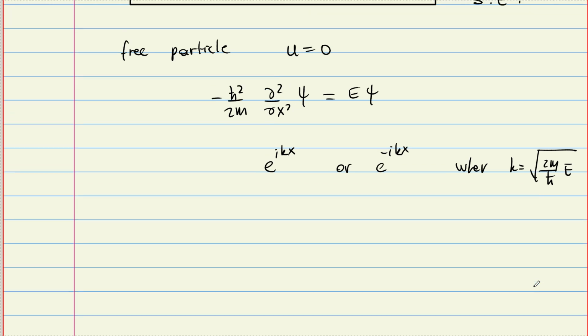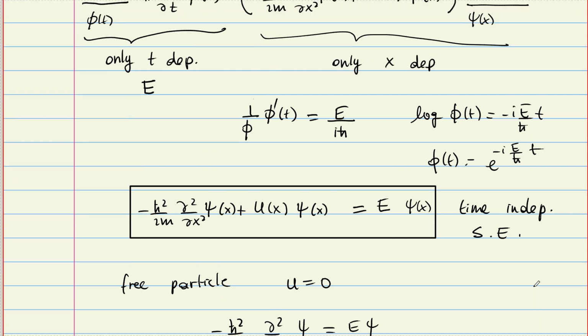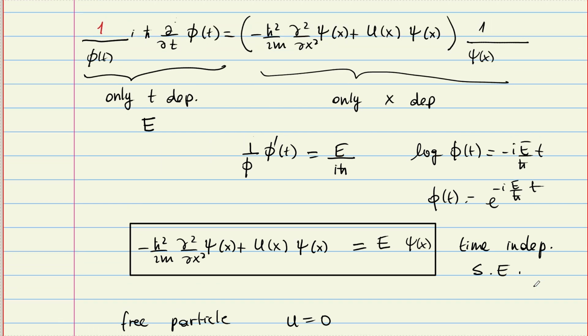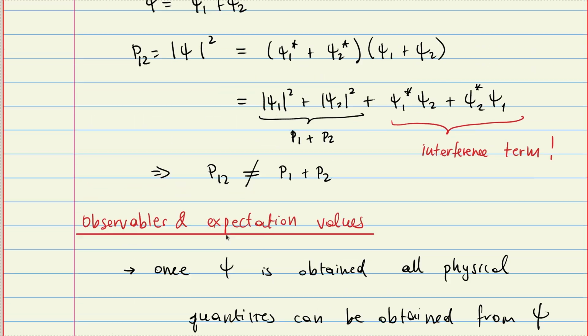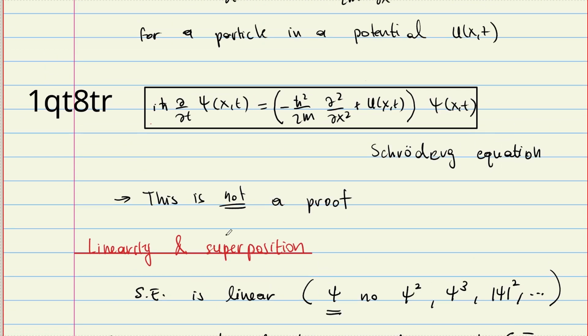Can you go up a bit? Yes. You said this equation was time dependent, right? This one in the box is time independent, and the previous Schrödinger equation, which we started with, is time dependent because there is time here.